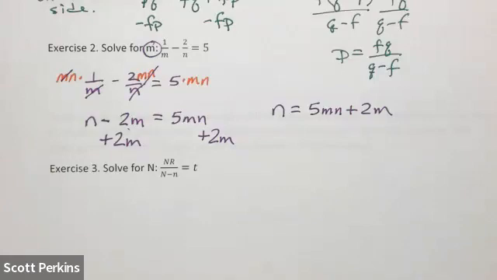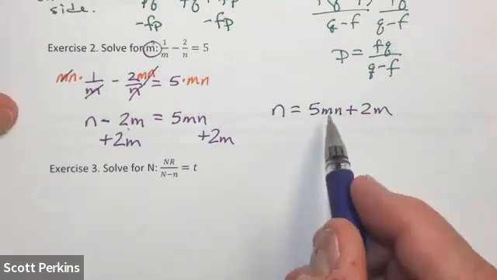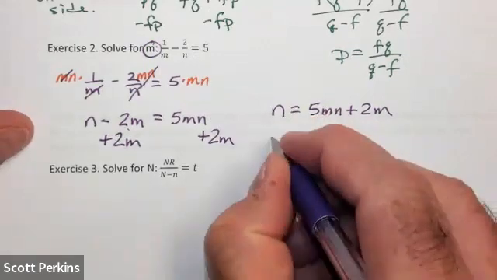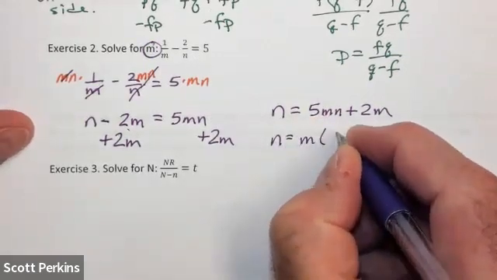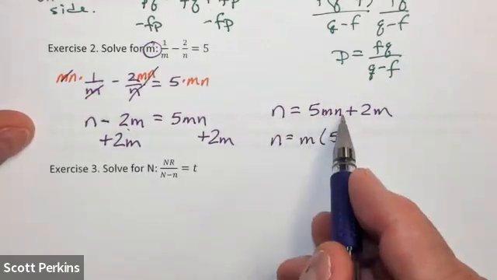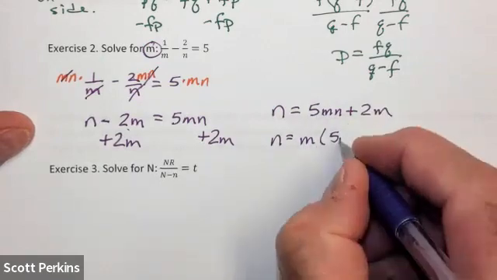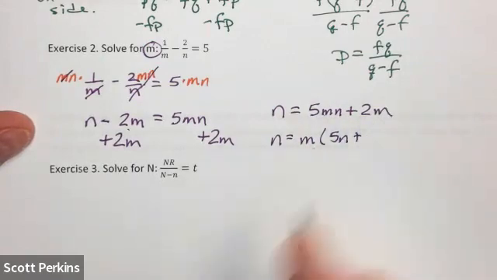And once you remember to get everything with the same variable on the same side, it just becomes: factor out the variable you're solving for and divide. Both of these have an m in it, so I'm going to factor that out. 5mn, when I factor the m out, I have 5n. 2m, when I factor the m out, I have 2.